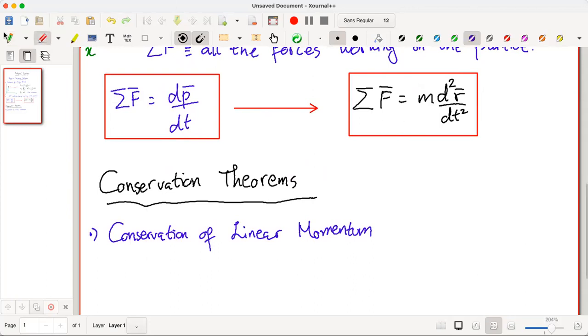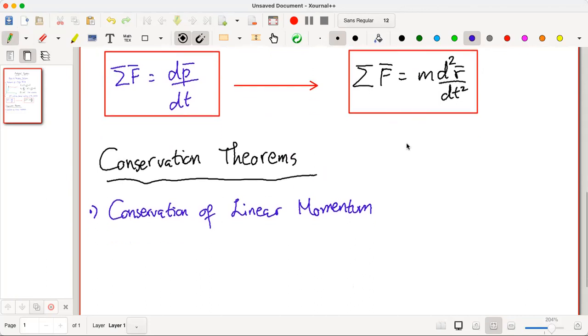How can we see that? Well, take a look at this. If the left-hand side is zero, let's say that there are no forces working on a particle, or maybe there are forces, but they cancel each other. So the resultant of forces is zero. Those are two equivalent statements.